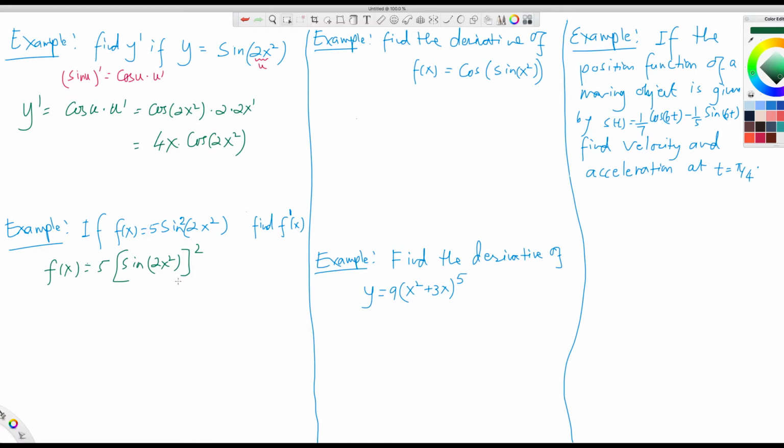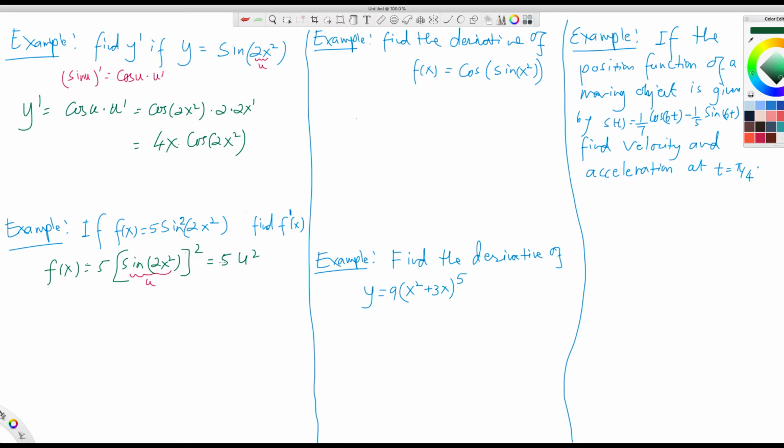So you will have to use the chain rule twice here. Let us think of the inside as u first. You can think of this as 5 and then u squared, so 5u squared.